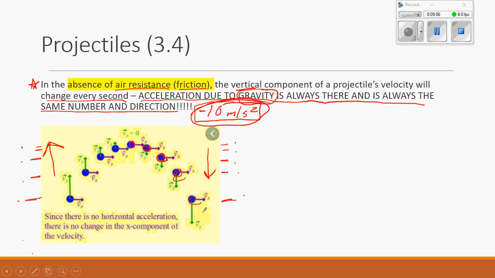Okay, but what do you notice here? Well, first of all, the distance from here to here is greater than the distance from here to here in the same amount of time. So that's a greater distance to fall in the same amount of time as this.